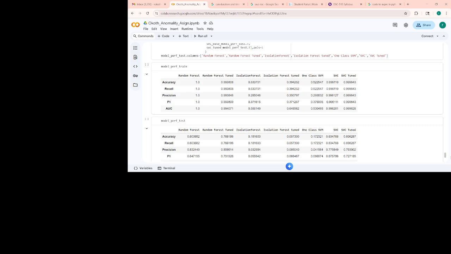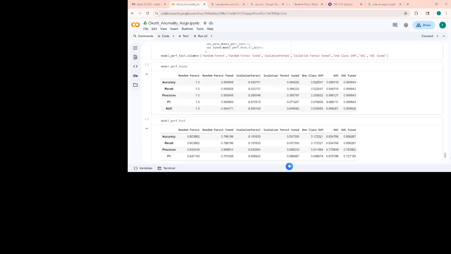We also did isolation forest and then tuned isolation forest, and also did one class support vector machine. Then on supervised, we also used support vector classifier and tuned support vector classifier.